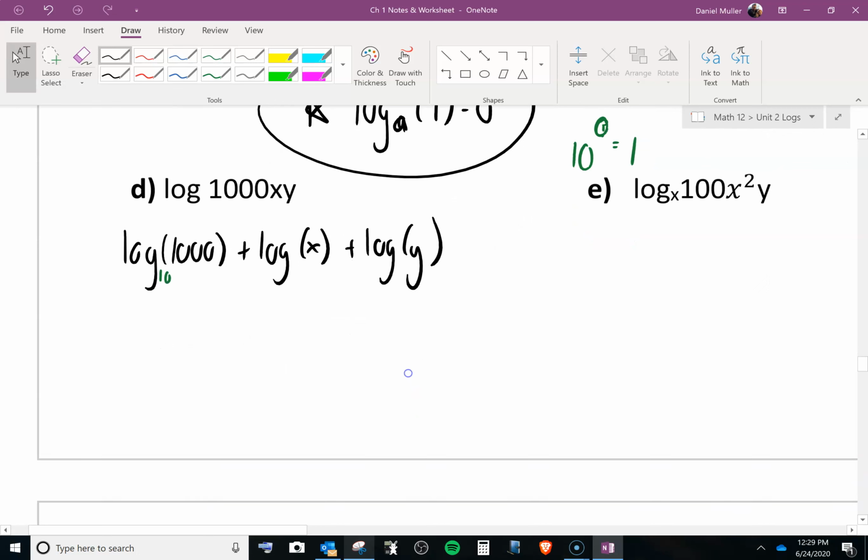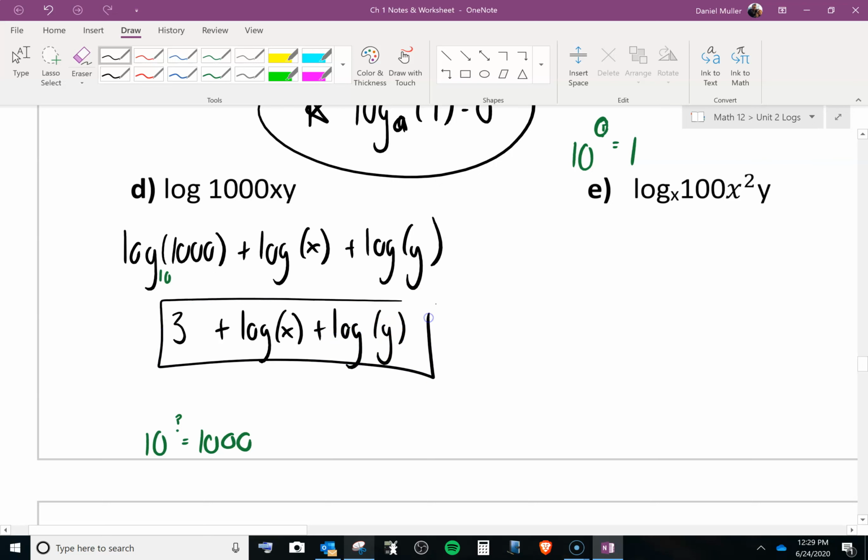That's what this is asking. I'll write this down here. 10 to the what got me 1,000? In which case that was 3. So this is a 3 plus log of x plus log of y. And again, I like to put brackets around the x and y just to emphasize that it's log of all of this stuff. So the tricky part there would just have been the 3.